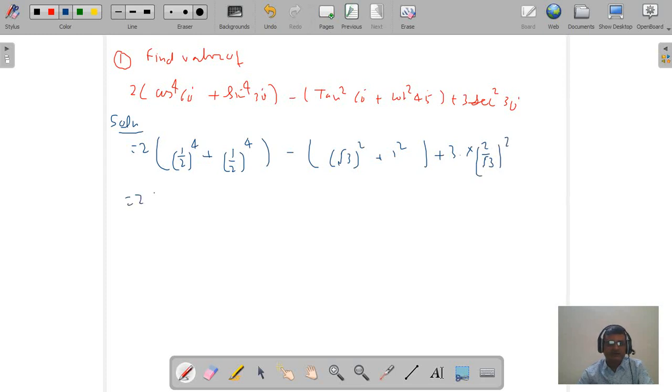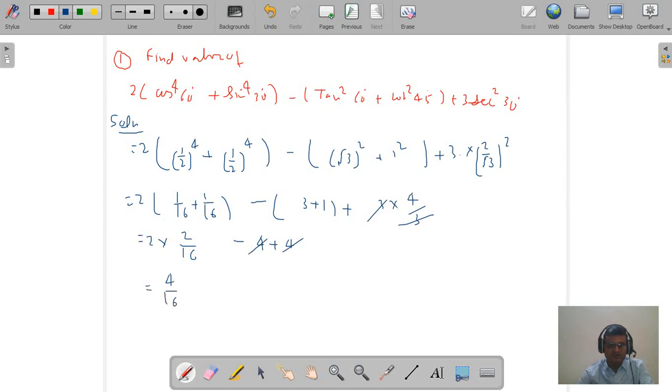So we are finding 1 by 16 plus 1 by 16 minus 3 plus 1 plus thrice 4 upon 3, 3 gets cancelled. So 2 into 2 by 16, minus 4 plus 4, so 4 gets cancelled. So 4 upon 16, which is equal to 1 by 4. So you can see how we are using the trigonometrical table to solve this kind of questions.